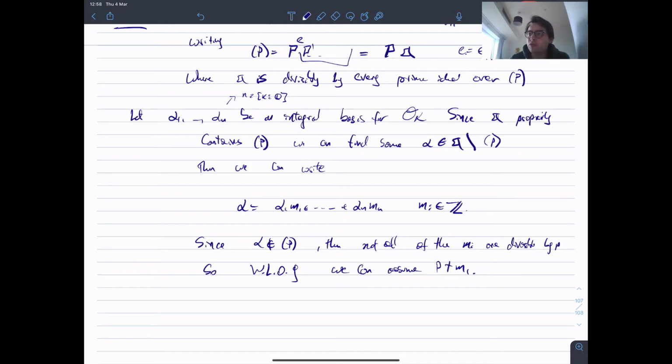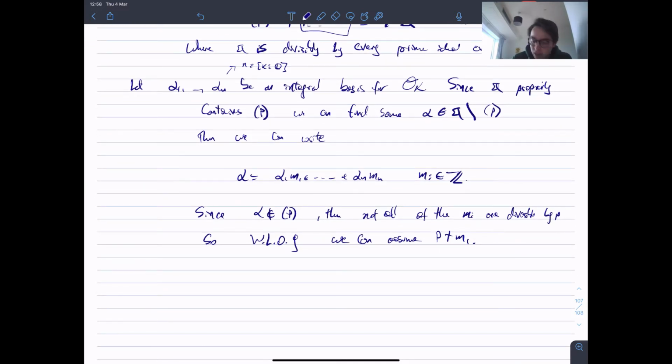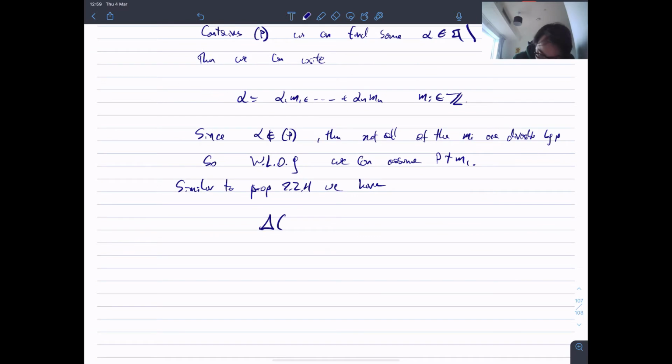Now, similar to what we've done in one of the previous propositions, where we saw how changing two different bases changed my discriminant, we can compare what happens when I change in my basis, say, alpha 1 for alpha. So, similar to proposition 2.2.4, just go back and look at the proof of this proposition.